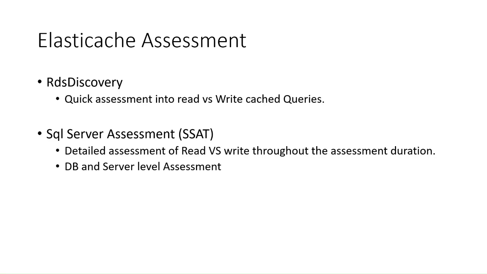If the read versus write is over 80%, that's a potential good candidate for ElastiCache. It looks at it from the server level and gives you the database level. So at the server level you might not be a good candidate, but maybe one of your databases is a good candidate for ElastiCache. They give you those breakdowns as well.